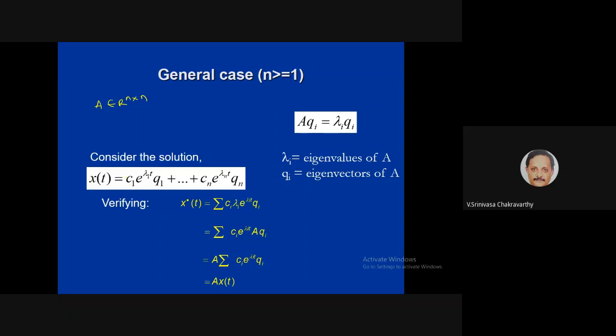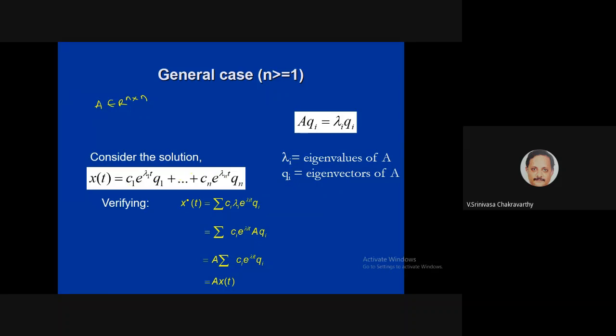So the solution x of t is c1 into e power lambda 1 t q1 plus etc., plus finally cn into e power lambda n t qn. This is the complete solution. We still need to find out what c1, c2, c3, cn are, but this is the complete solution. So how do you prove this?